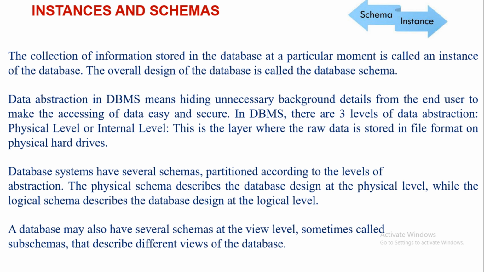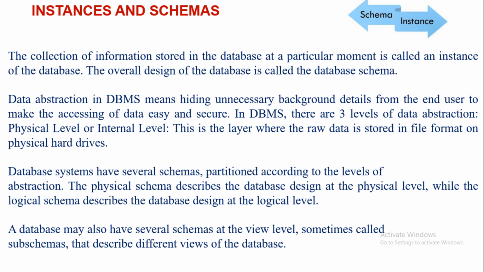But the overall design of the database is called the schema. The schema allows us to know the structure of your table or the database. Database abstraction, or data abstraction in DBMS, means hiding unnecessary background details from the end user to make accessing of data easy and secure.